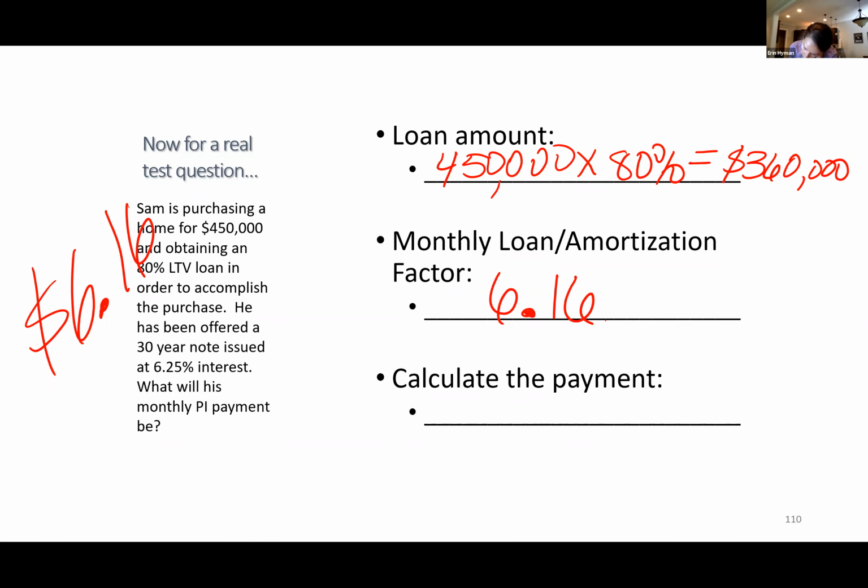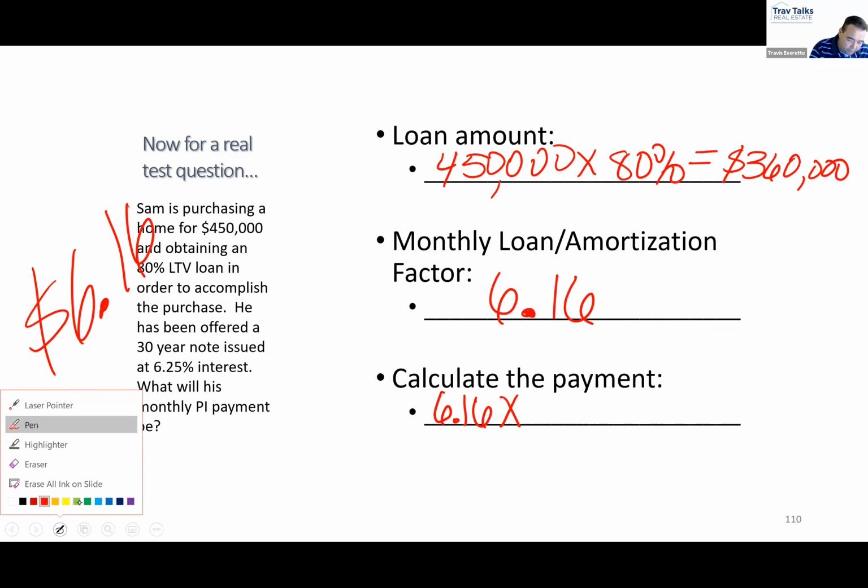$6.16. So when we calculate the payment, all we got to do is take our loan factor of $6.16 times, and I'm going to change colors here so you can see the difference. I'm always going to go to the comma in the thousands place and simply change it from a comma into a decimal.